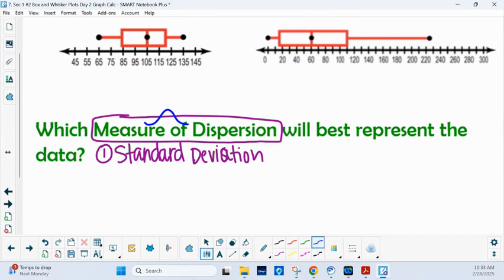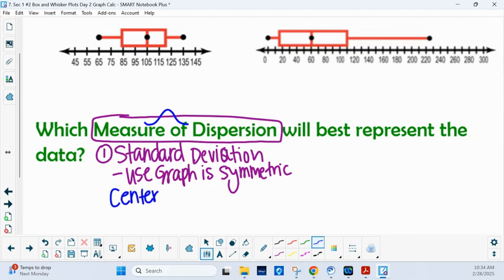So if it's symmetric, what measure of center did we always use when there's no outliers? The mean, yeah, the mean. So standard deviation, you use it when the graph is symmetric. That means probably there's no outliers, so the center we would also use would be the mean.